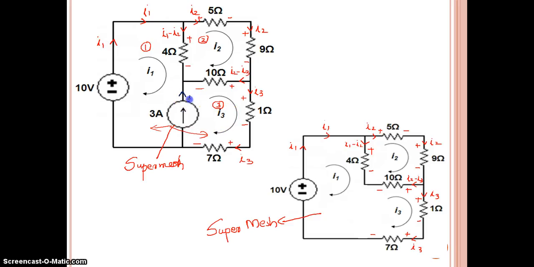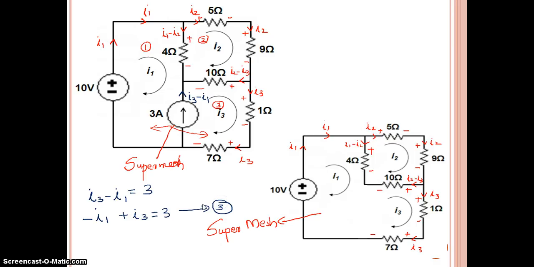So this current I can write as I3 minus I1, and what is the value? It is already given as 3 ampere. So from here I can write the third equation: I3 minus I1 should be equal to 3, or minus I1 plus I3 equals 3. This will be our equation number 3.